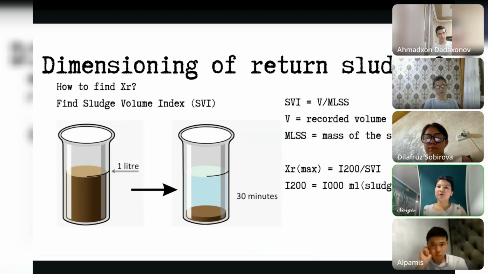I guess, when you were last year in Hogwarts, we had a trip to Salar. So you should remember that, yes, they were actually doing this experiment. They have long tubes, and they fill 1 liter of water from the biological treatment inside of these long tubes, and they wait like 30 minutes. And after those 30 minutes, the whole sludge settles.